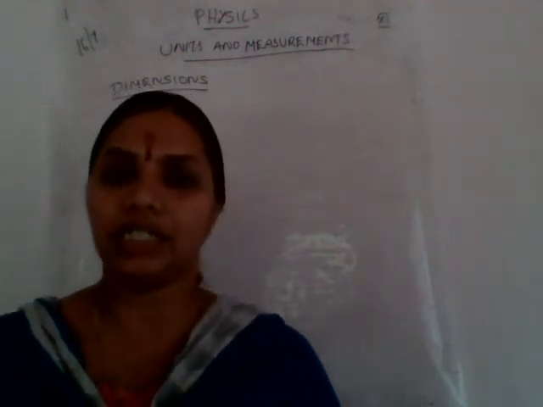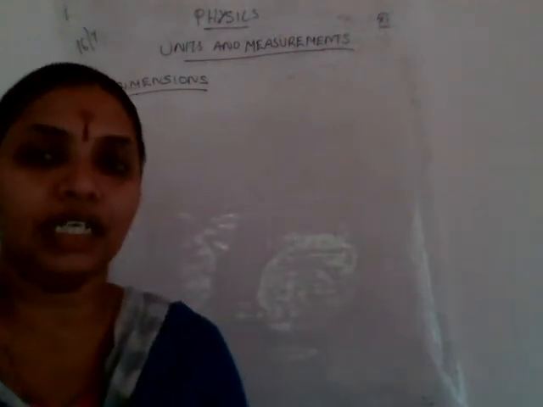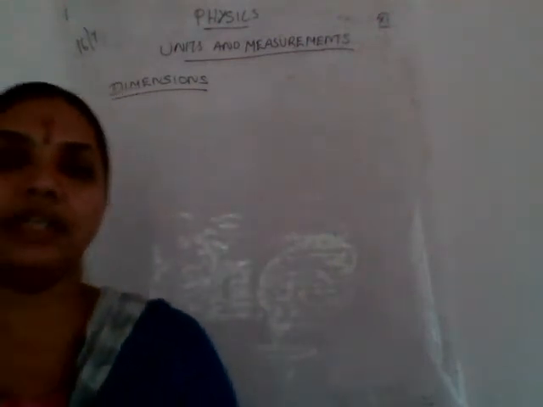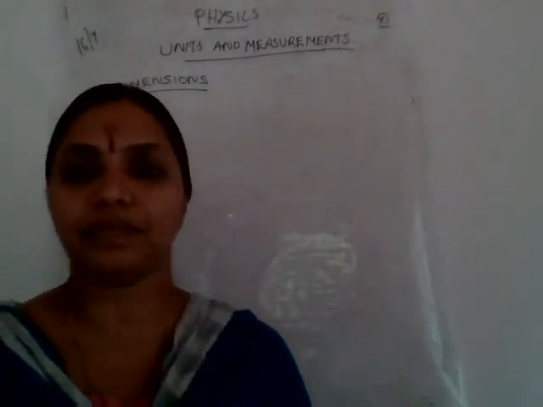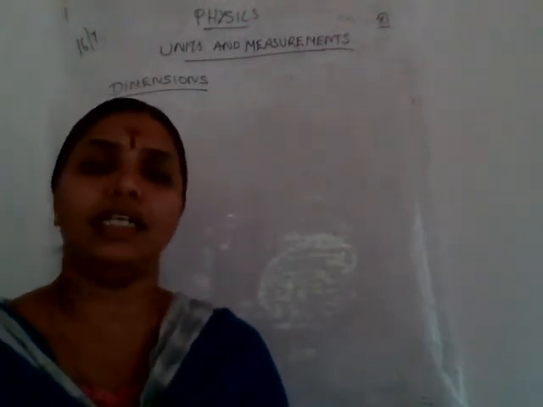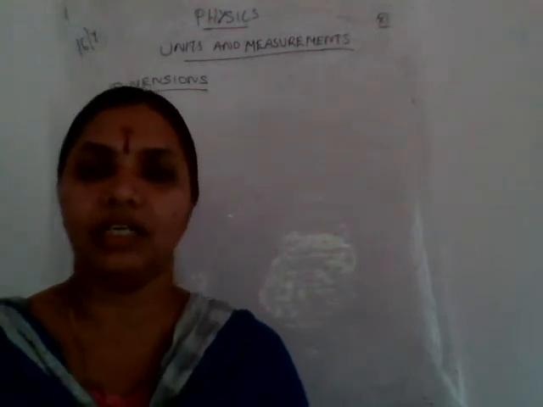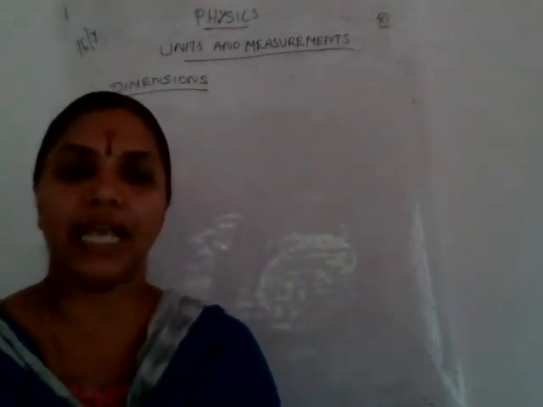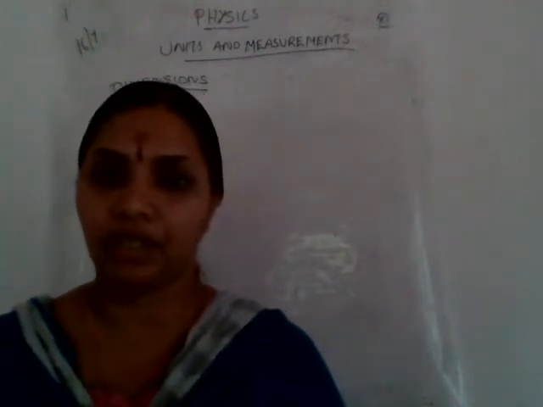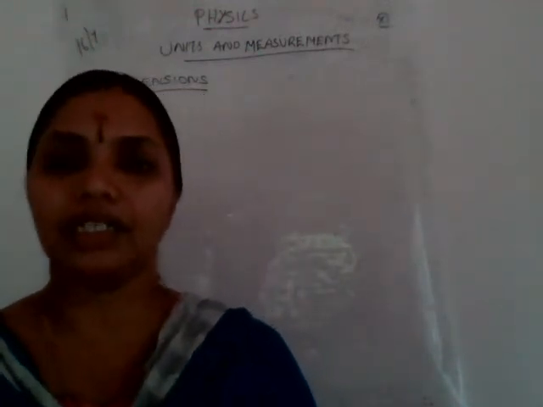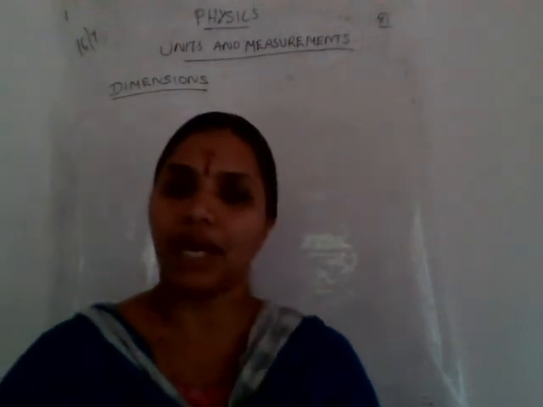A relation is given, a physical equation is given to you, and you can verify whether it is correct, that is, LHS and RHS are equal. If a person is saying that force is equal to mv, mass into velocity, now you know it is not correct. Force is equal to mass into acceleration, isn't it?